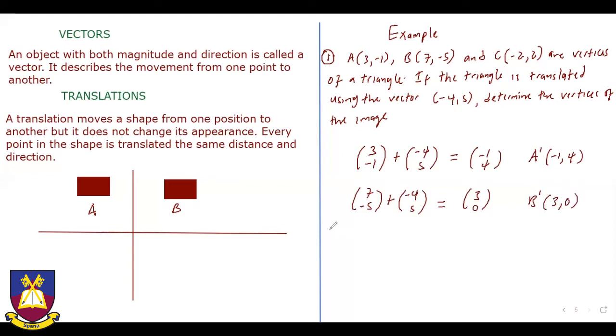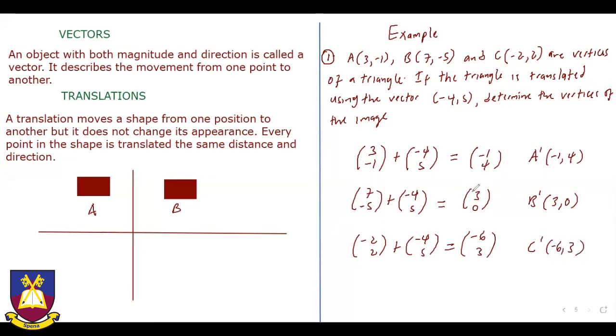Then finally C, -2, 2, plus the translation vector, negative 4, 5, and this gives us negative 6, 3. So the coordinates of the image for point C will be negative 6, 3.